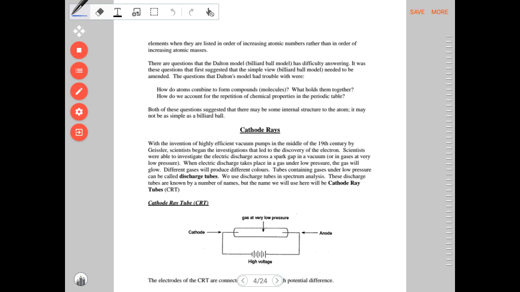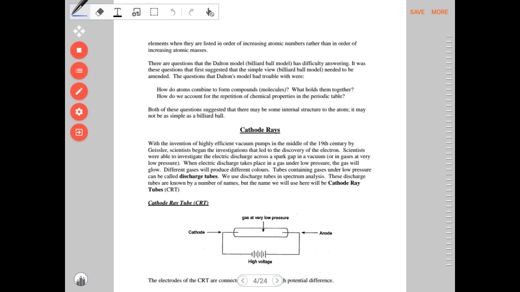Sure, Dalton's model was great at figuring out that it's 2 hydrogens for every 1 oxygen, that kind of thing. But what held the oxygen and the hydrogen together? That was weird. And then why do the chemical properties repeat in the periodic table? There's got to be something there.